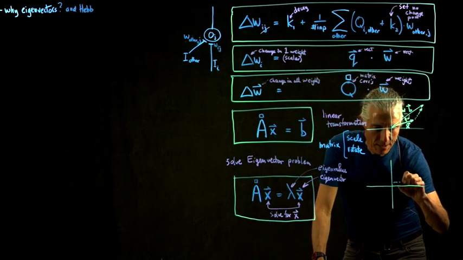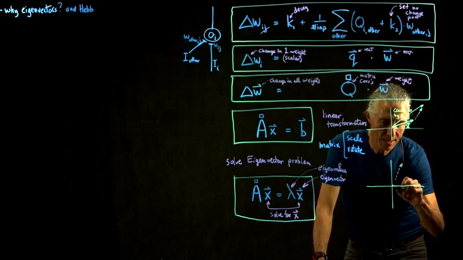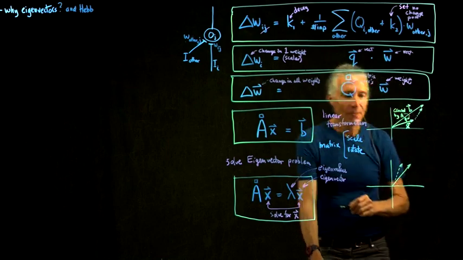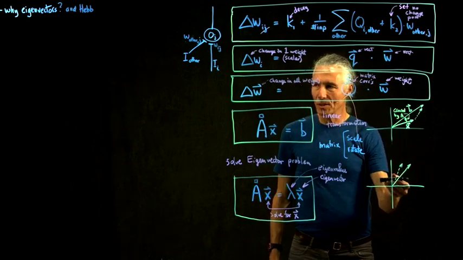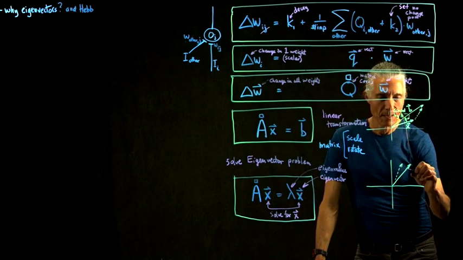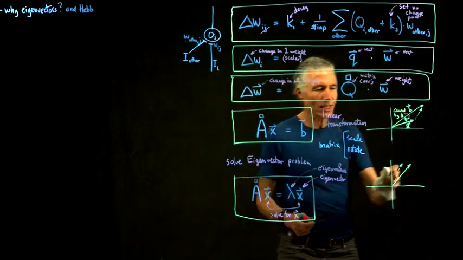If I operate the matrix on this vector, say it rotates it a little bit. And so what we want to do is find a vector, this is just in 2D, which vector is the one that only stretches it. Which vector is the one that the matrix only stretches.